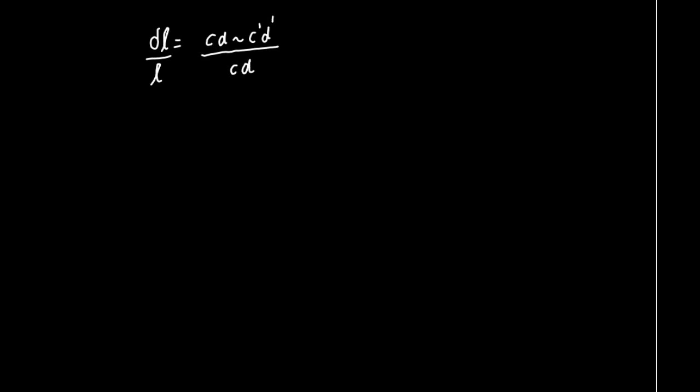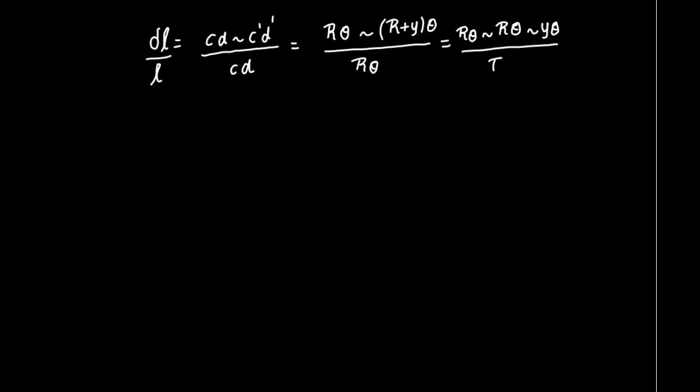In this case, it's going to be r theta minus (r plus y) into theta, divided by r theta. That is r theta minus r theta minus y theta, divided by r theta. These two go away. You will be left with y theta divided by r theta. You'll be left with y by r.